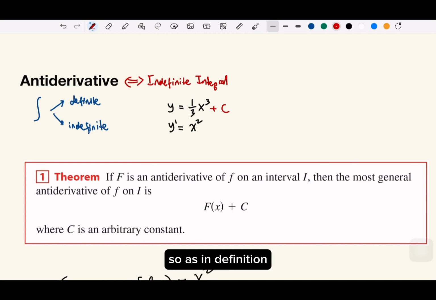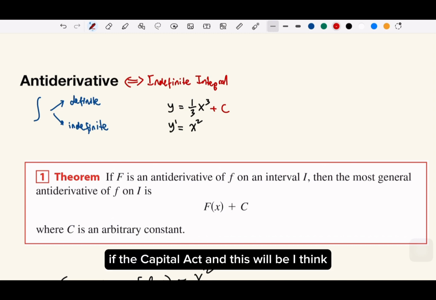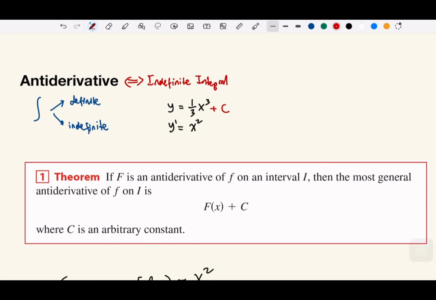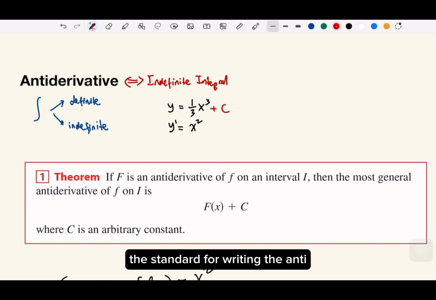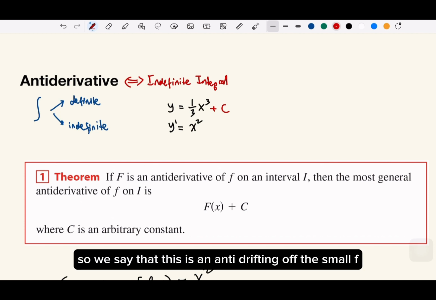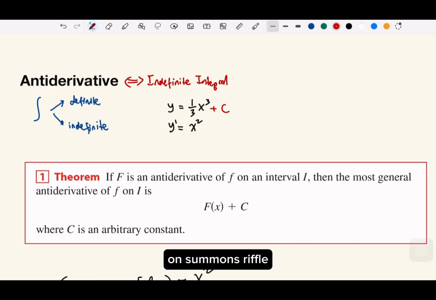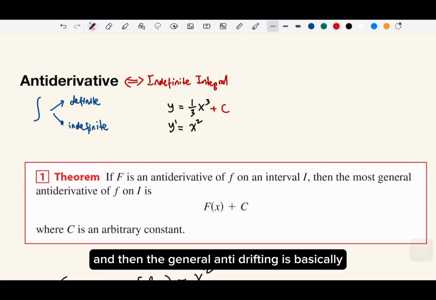So as in the definition, if the capital F, which I think is the standard for writing the antiderivative, usually written with a capital F, is an antiderivative of the small f on some interval, then the general antiderivative is basically this capital F plus a constant, the one we add here.